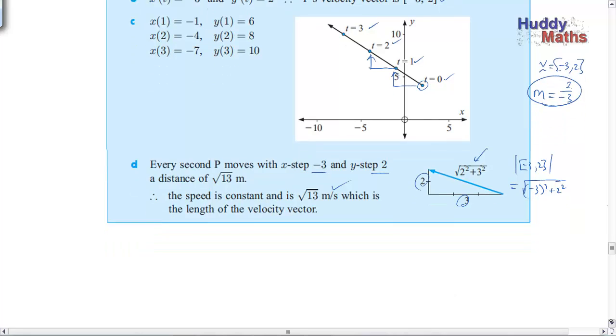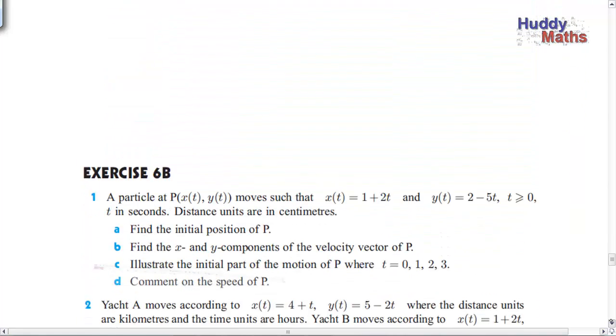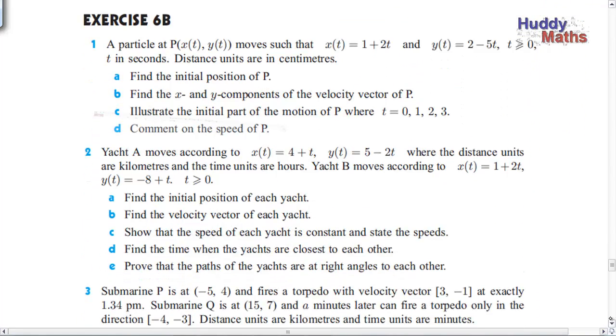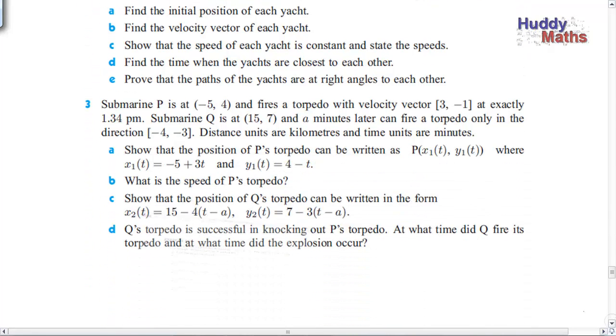All right, let's go and do some. So here are some little problems for you. There's only 3, but I want you to study them carefully because they are important in understanding parametrics. So question 1 and 2, pause it and have a go, and I'll show you the answers in a minute. And question 3.